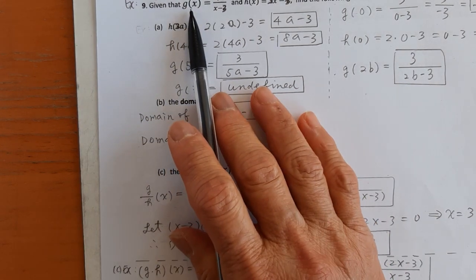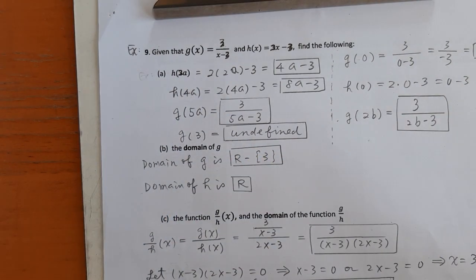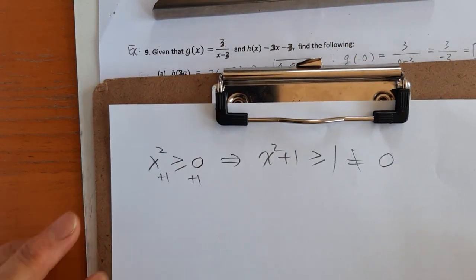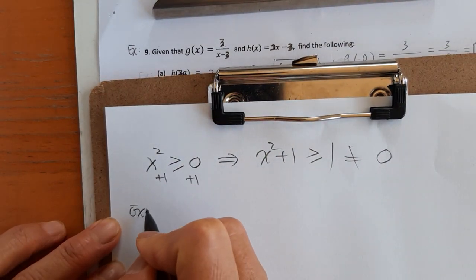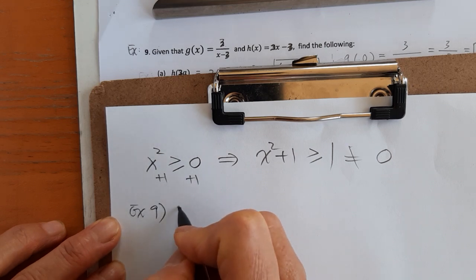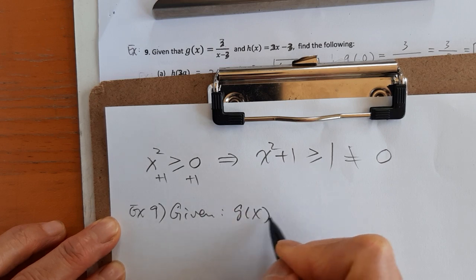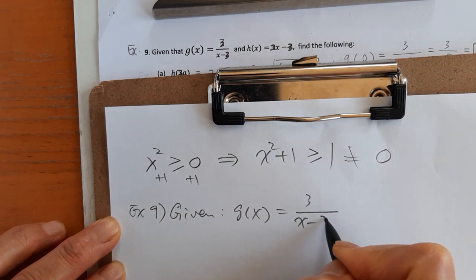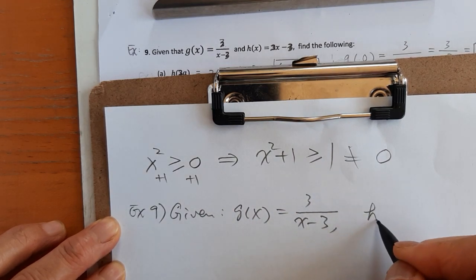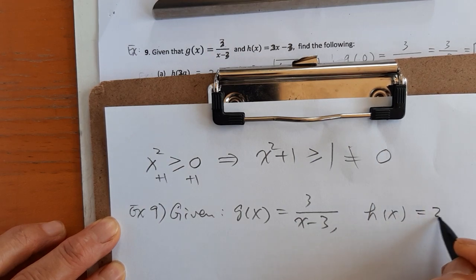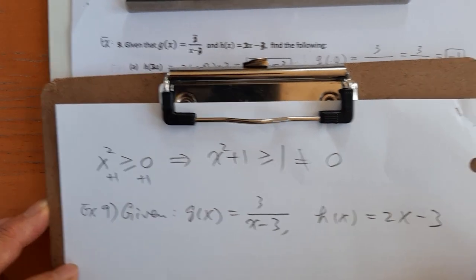So function A, like this one. Question 9, example. Given g of x equals 3 over x minus 3 and h of x equals 2x minus 3.